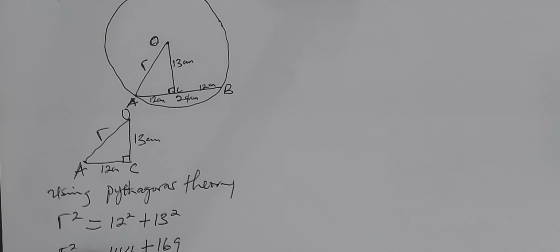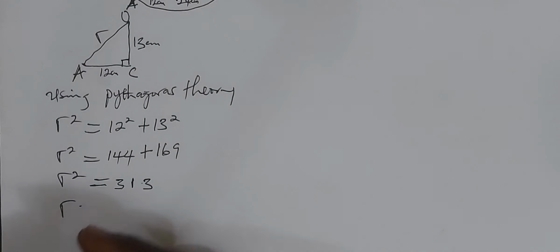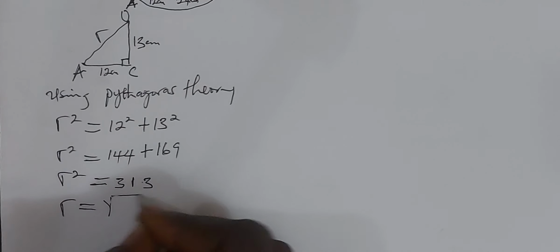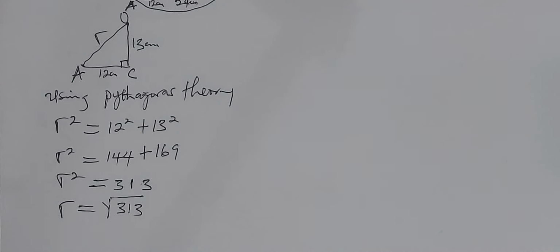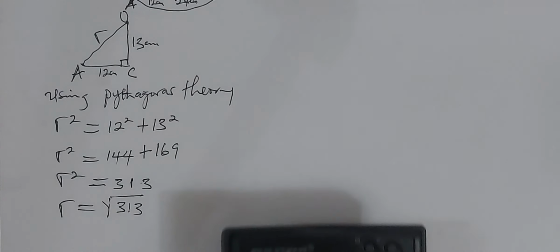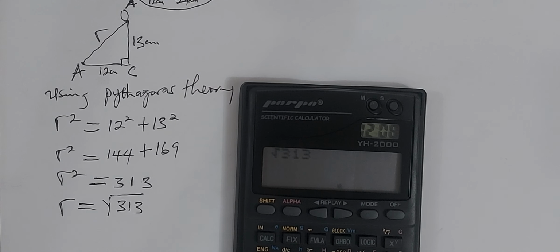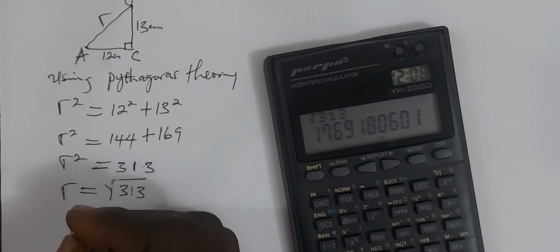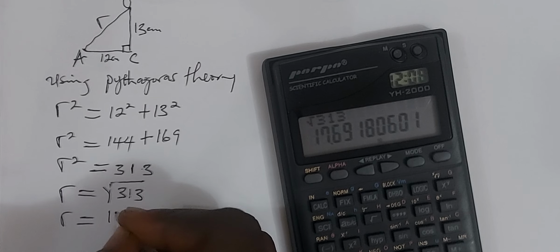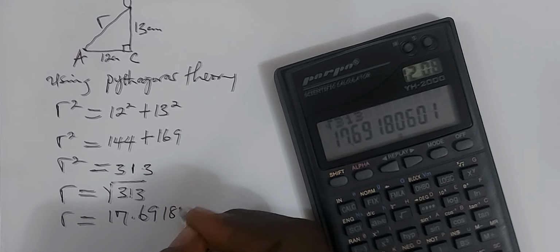So our R now equals the square root of 313. The square root of 313, you can punch into your calculator. Square root of 313 gives 17.6918 centimeters.